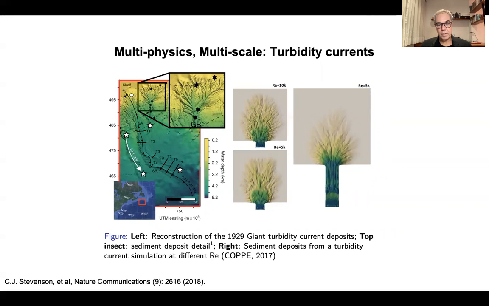The main interest here for the oil industry is to understand where the sediments that you see today come from, in the sense that if there is a good prospect on one side, and you find the same sediments in another finger like this, there's a good chance that there might be an oil reservoir in that region as well.